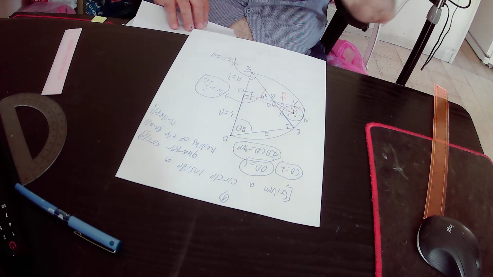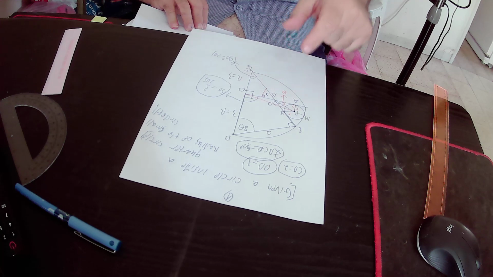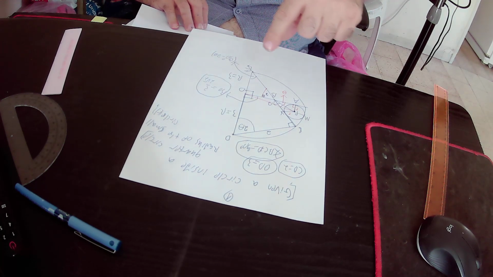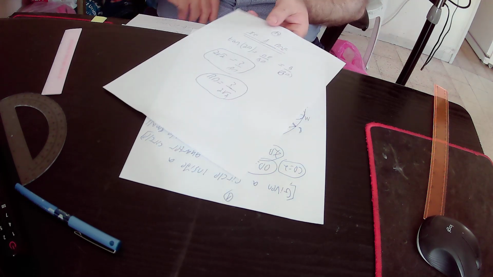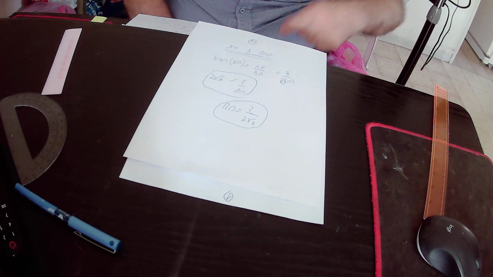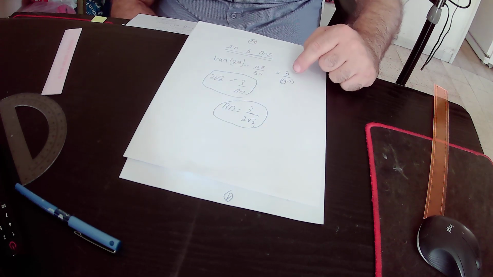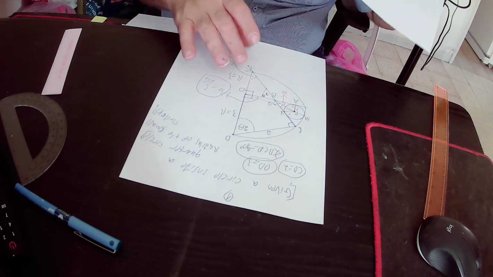And triangle EBO is a right triangle. In the right triangle BOE, we know that tangent theta equals OE over BO. OE equals 3 units, because it is the radius of the semicircle.